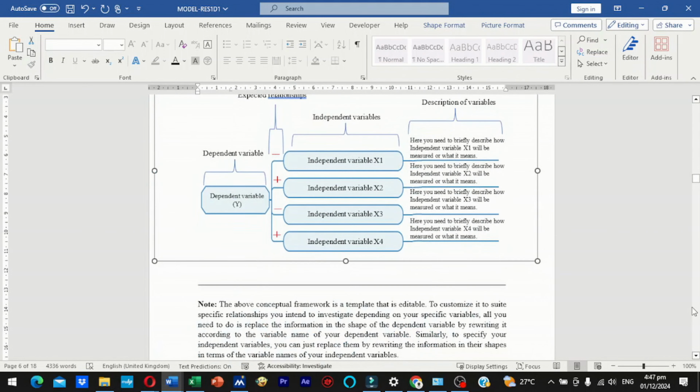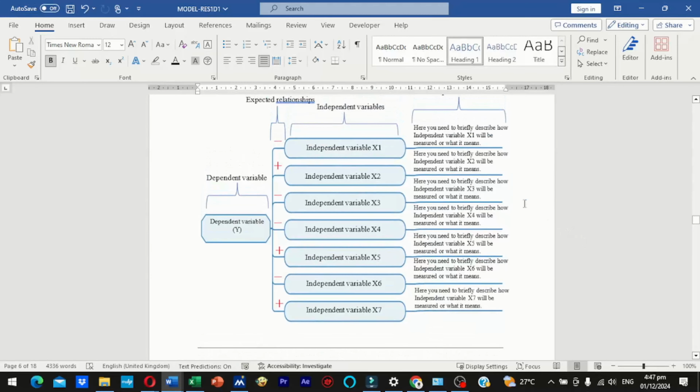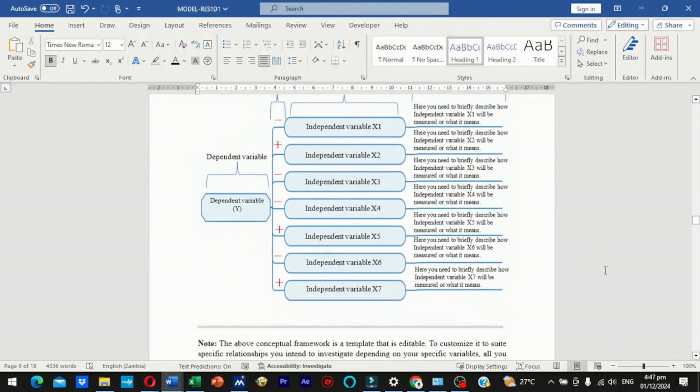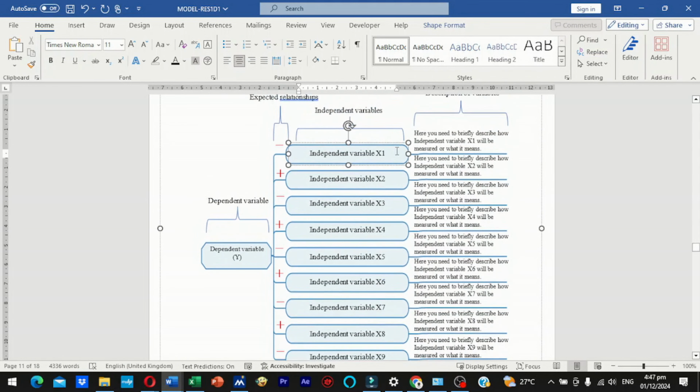Then you'll notice that as we proceed in this document, the number of independent variables keeps increasing. Now, you see, research conceptual frameworks are very important, they're templates, because really for you to draw these research conceptual frameworks can take a lot of time, because here we are looking at basically 9 independent variables and 1 dependent variable.